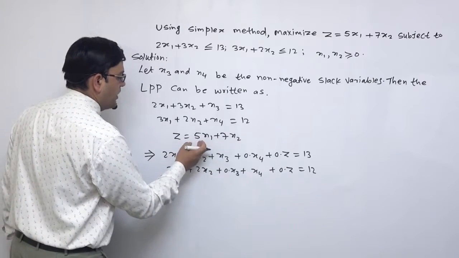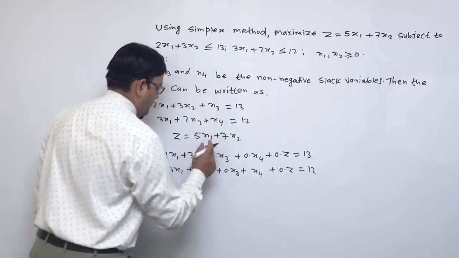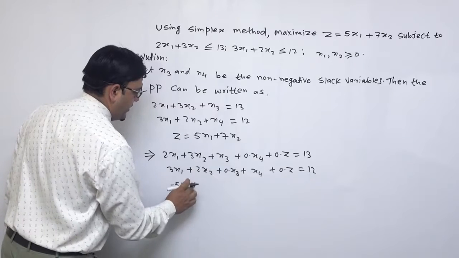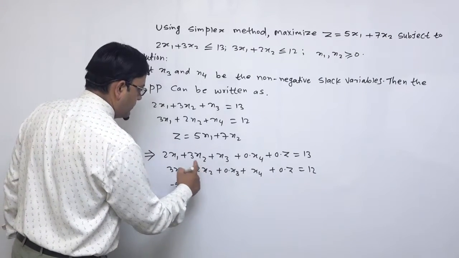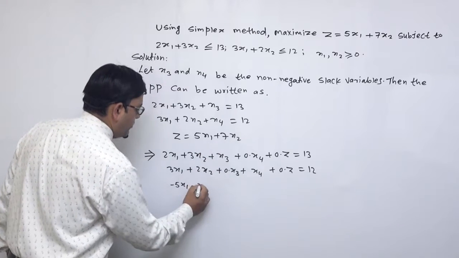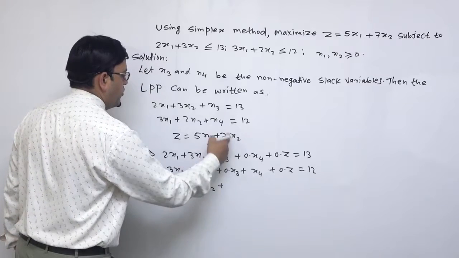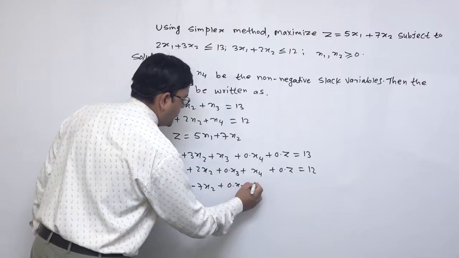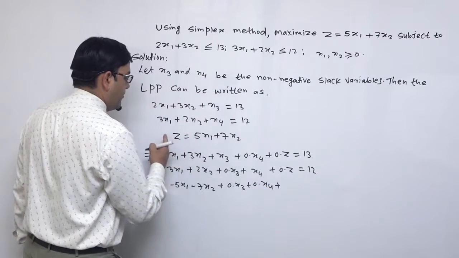If we bring this to the LHS side, minus 5x1, and again minus 7x2, plus, here there is no x3 and x4, so 0 times x3 plus 0 times x4 plus, here is z.